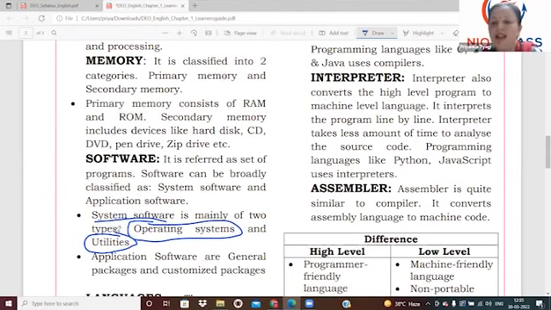So we can say that a scanner is the best example under the category of utility software.